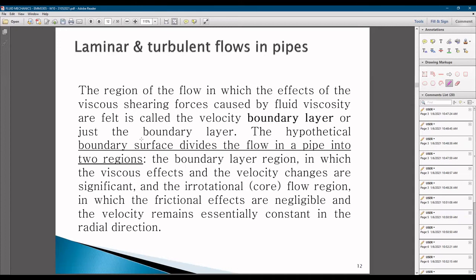The hypothetical boundary surface divides the flow in a pipe into two regions: the boundary layer region, in which the viscous effects and the velocity changes are significant, and the irrotational region, in which the frictional effects are negligible and the velocity remains essentially constant in the radial direction.